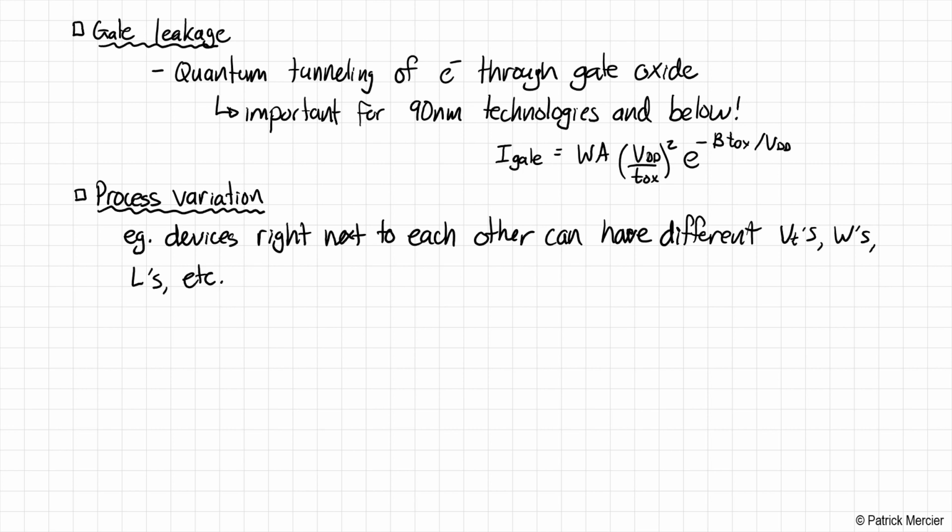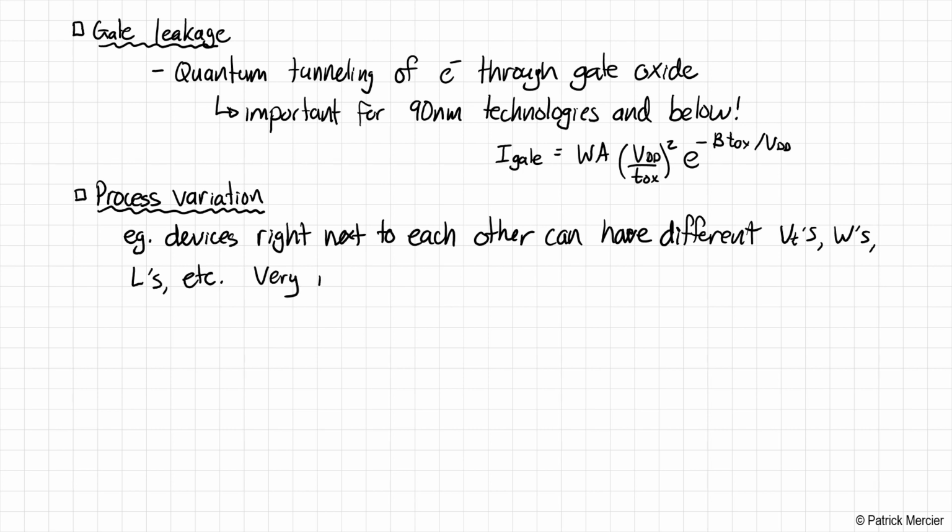So the variation between these devices turns out to be extremely important in matching for analog circuit design, and it also turns out to be extremely important, particularly threshold voltage variation, in subthreshold digital logic. I just want to introduce this as a topic.